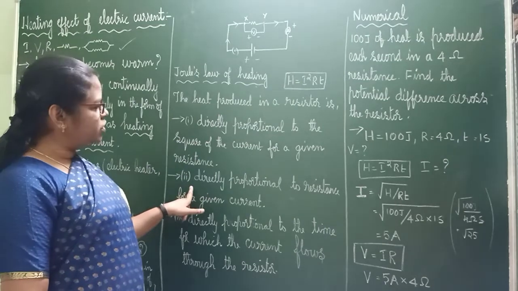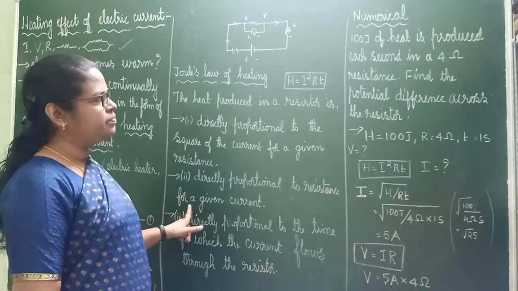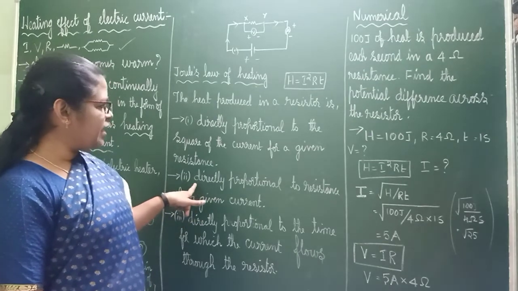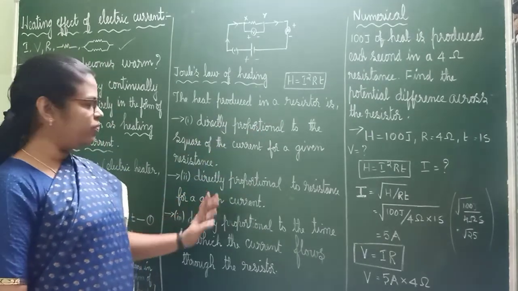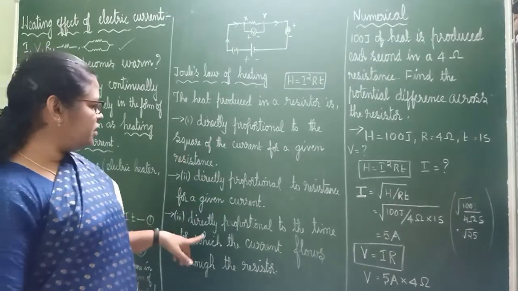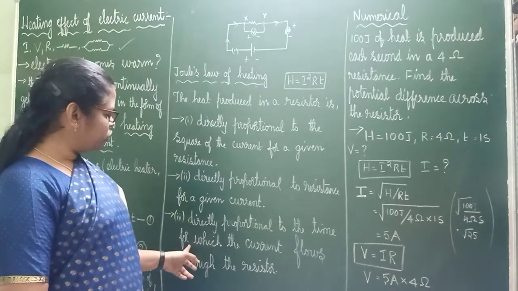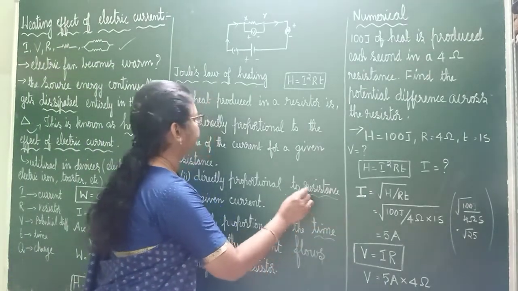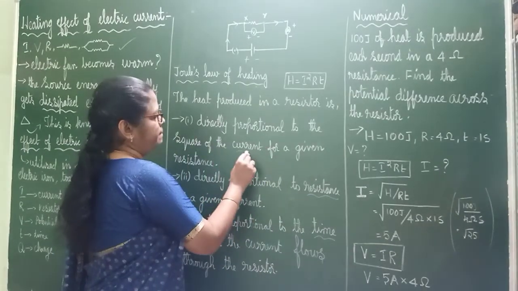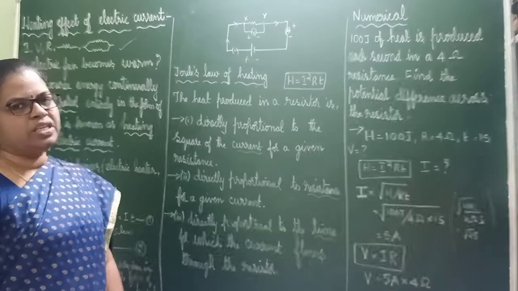Second one, it is also directly proportional to the resistance for a given current. Third one, it is directly proportional to the time for which the current flows through the resistor.